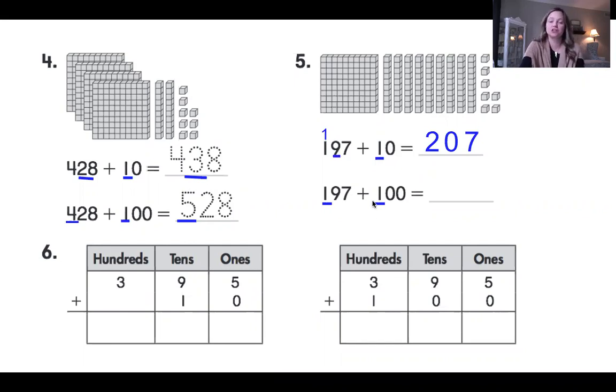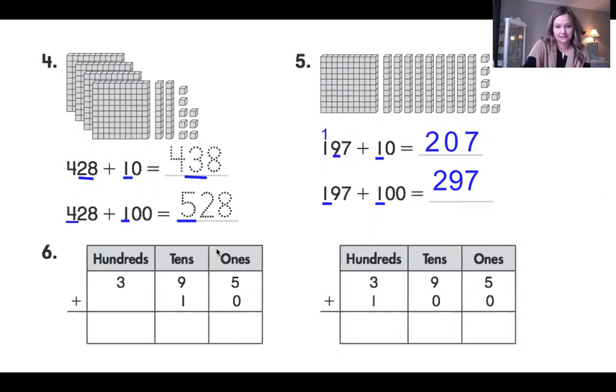So let's start at the ones. 7 plus 0 is 7. 9 plus 0 is 9. And 1 plus 1 is 2. So we went from 197, adding 100, to 297.